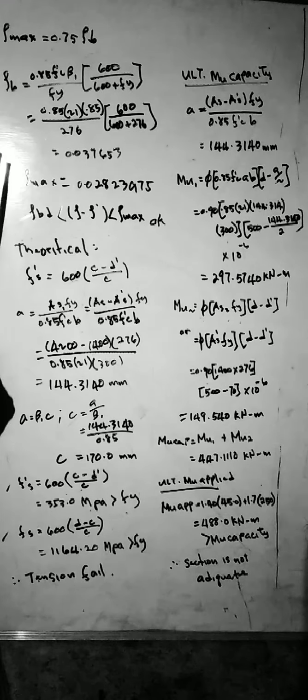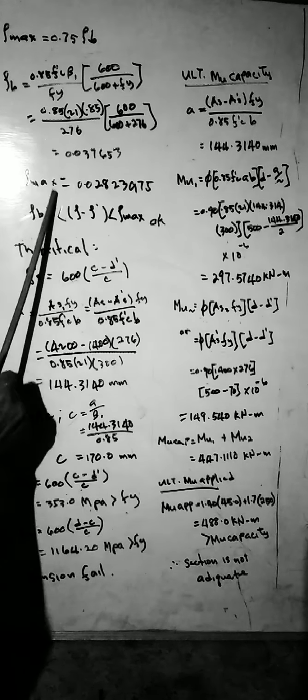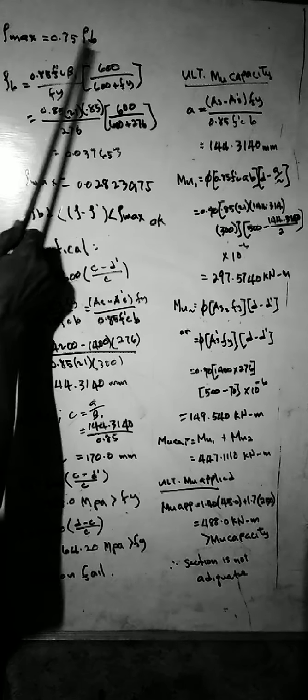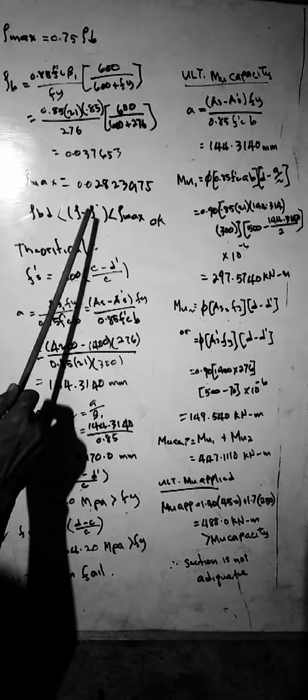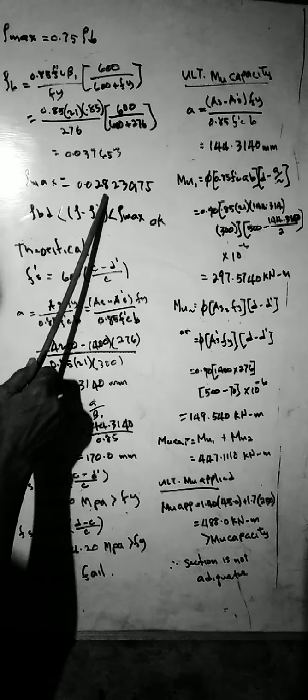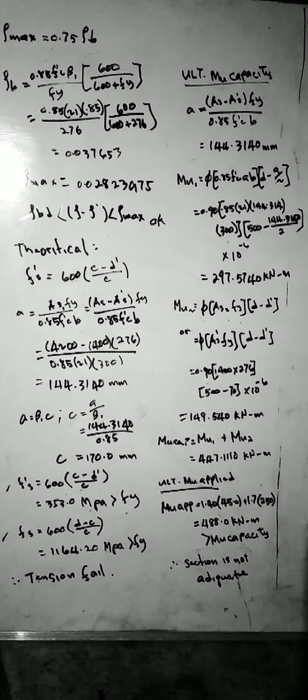And that's the time to compute the rho maximum. The rho maximum is 0.75 times the value of this one, and will give us 0.02823975.